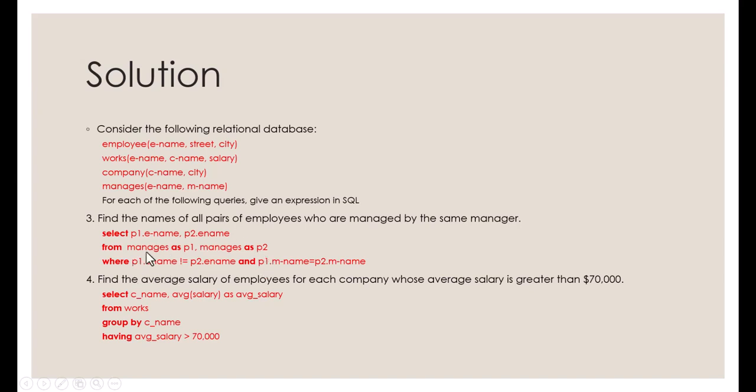Okay? And then P1.ename is not equal to P2.ename, so we're making sure that we're not talking about the same employee. They're two distinct, two different employees. So their names are different, but their managers' names are the same, meaning they're being managed by the same manager. Okay, and we want to display the names of all pairs of employees, so we're displaying P1's ename and P2's ename.